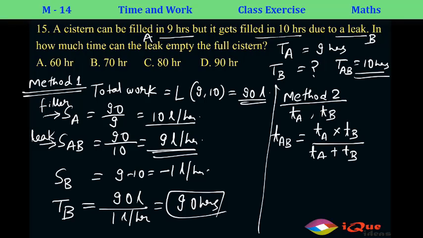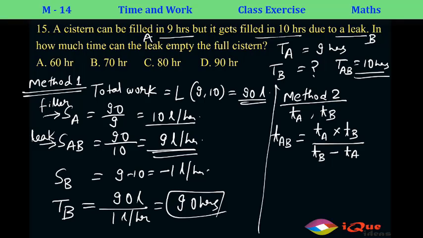But here, because B is doing negative work, we remove the plus sign and say it is TA into TB upon TB minus TA. You can directly apply this as a standard formula, TA into TB upon TB minus TA.